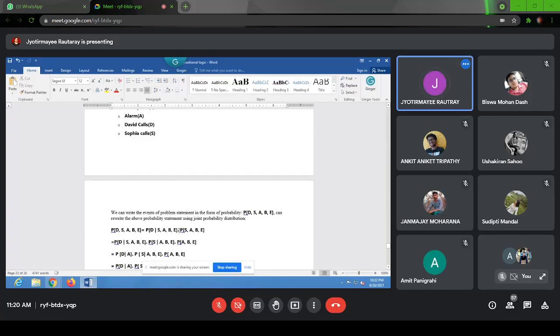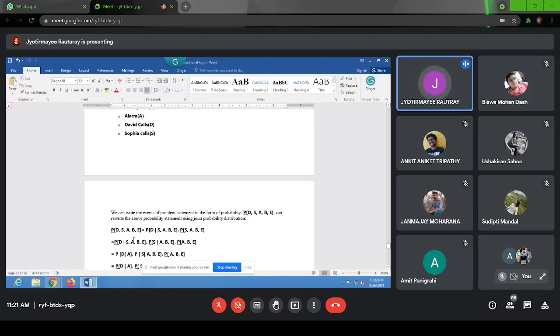This comes from the Bayesian calculation that we have done. This is probability of A and B. Probability of A and B is probability of A given that B has already occurred, times probability of B. In this case B is our S A B E. So again we have to solve this one.